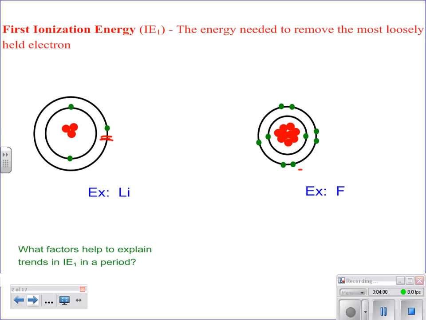You remember that term? It's effective nuclear charge. As you move to the right on the periodic table, our effective nuclear charge increases. So we see that these guys are holding on to their electrons a lot tighter than something like lithium. That might be used to explain it.